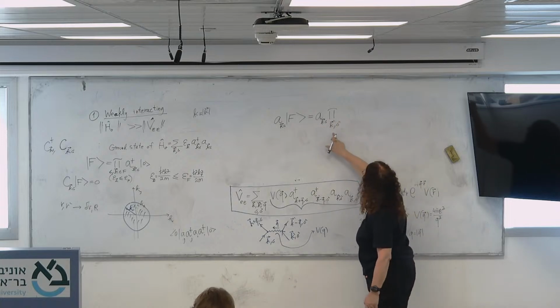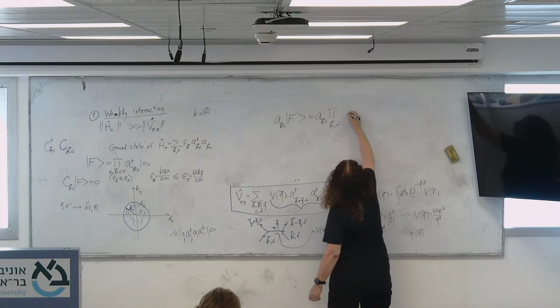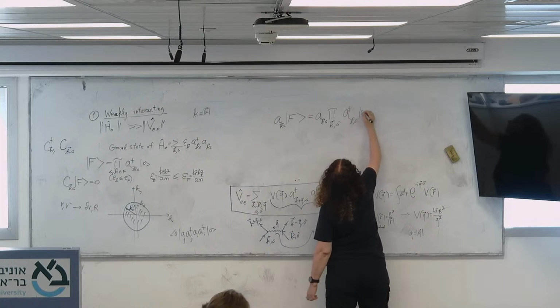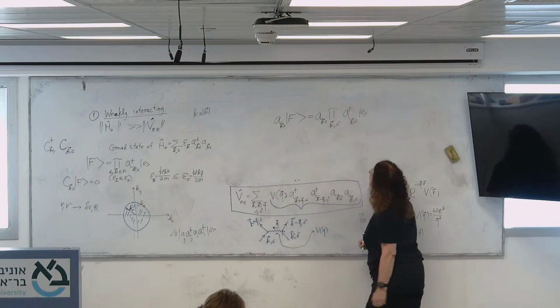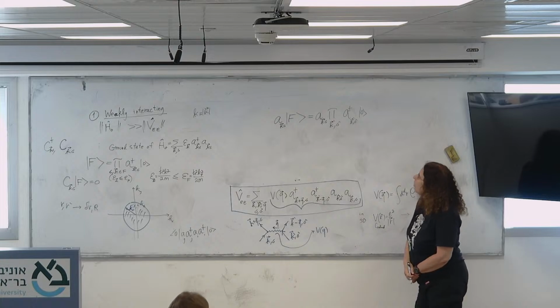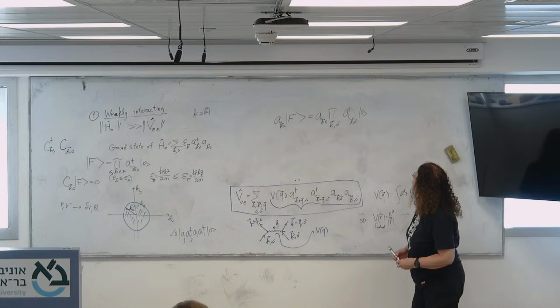So these are just dummy indices, and I take the product of all the k primes and the sigma primes, a dagger, and I apply it on the vacuum. Okay? What am I going to get? Let's see. So how do I do this?